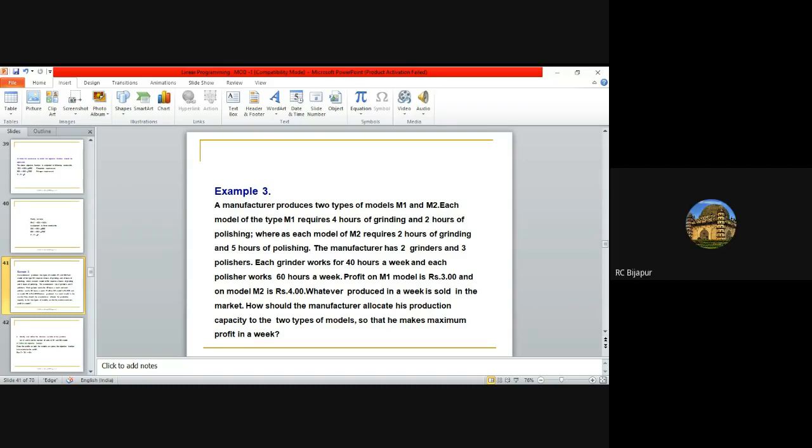Your batchmate may add. Please provide your number in chat box. They will add you. Okay, thank you. Sir, where to give the number? In chat box. Okay. Please, whoever is having admin, please add their numbers.